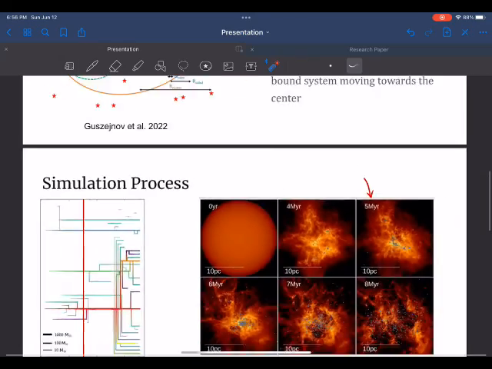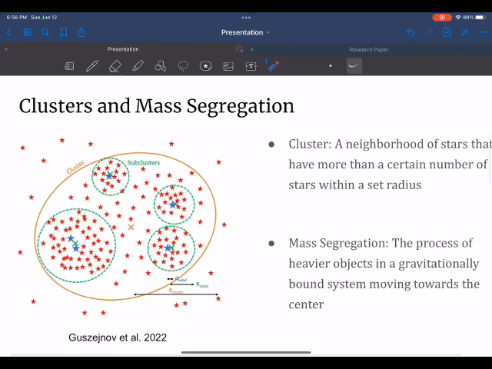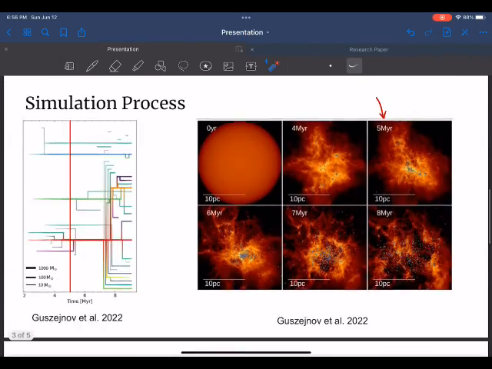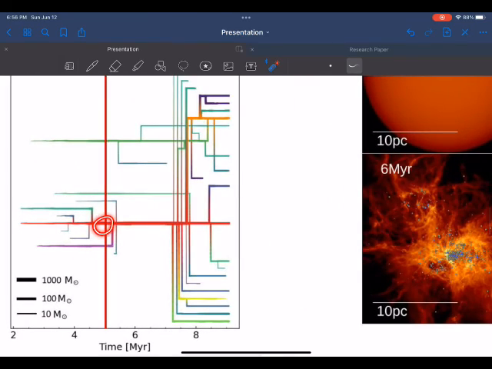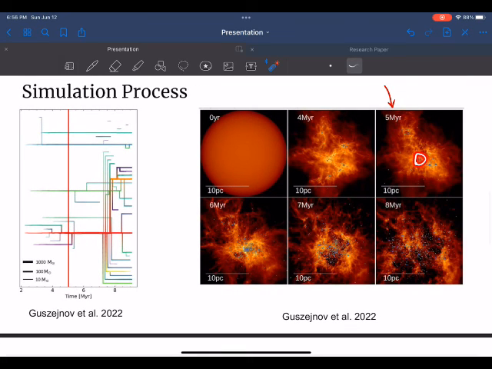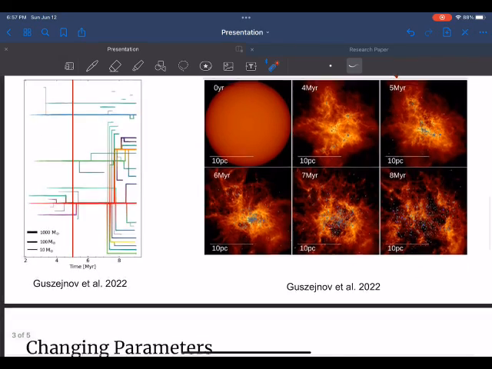Now these are called subclusters, which, as you can see, are small clusters within a larger cluster or a larger structure. Now, the thickness of the lines in this diagram indicates the total mass of these clusters. As you can see, this red line is particularly thick, and this references this larger cluster over here. And there are a lot of clusters, and this also references all these clusters over here.